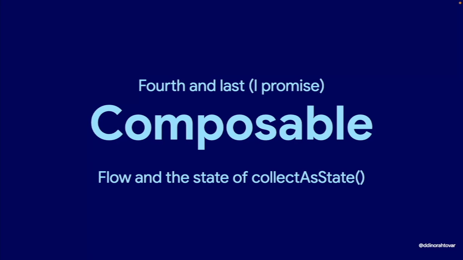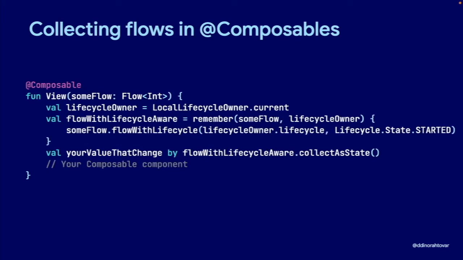A lot of persons are using collect as a state to address all the changes that happen on your composable views. And it's fine, but it's also not so fine. It is what it is, guys. It's complex using flows. Because in this little view, when you have a flow, you also want to understand what is the lifecycle owner, your local lifecycle owner, inside your composable function.